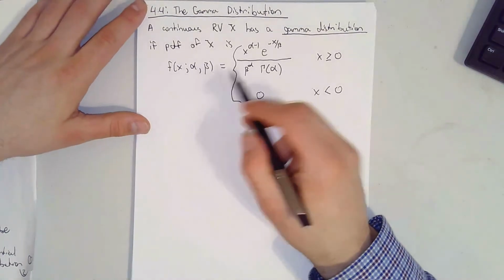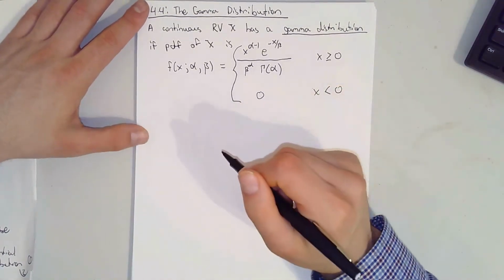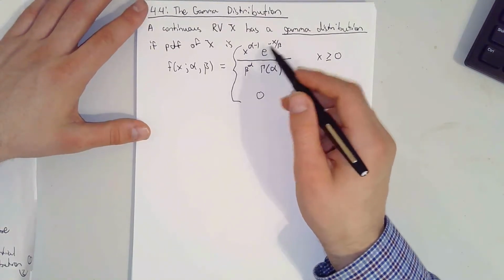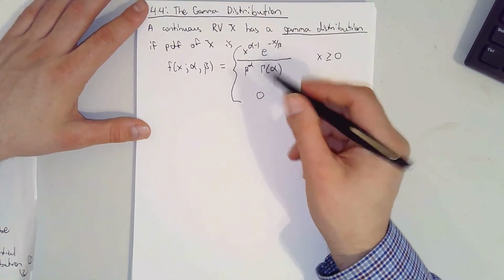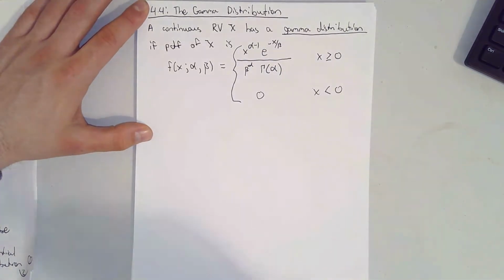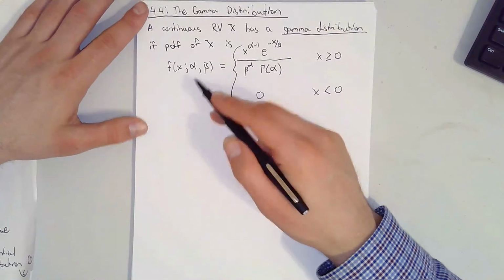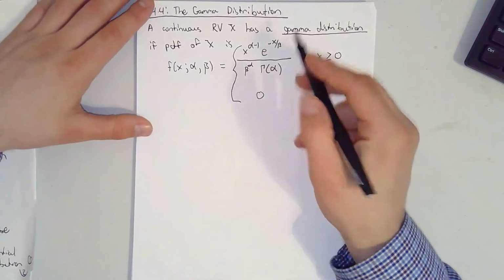In the last video we talked about the gamma function, and we can see the gamma shows up here, and the numerator looks very much like the gamma function except for the integral. That will be important, and we'll come back to this.